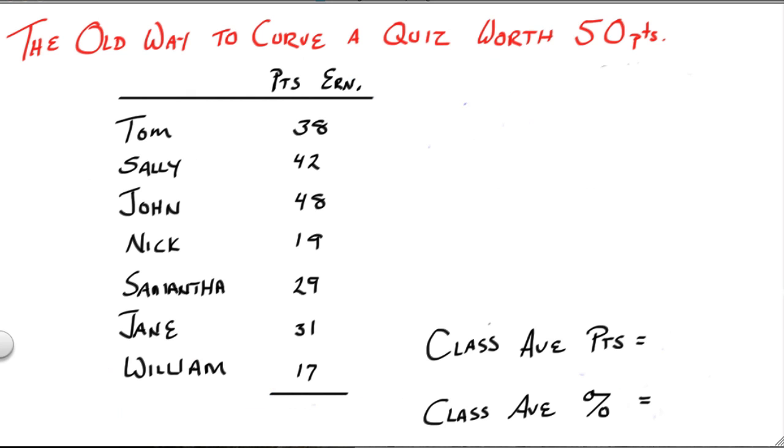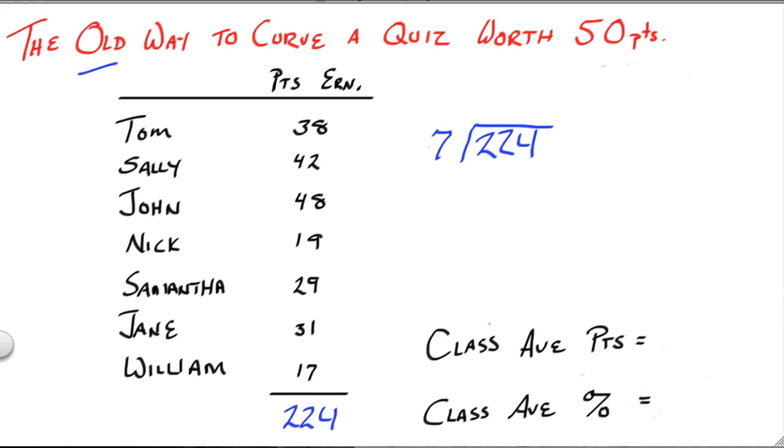Let's take a look at this here. We're looking at the old way to curve a quiz grade worth 50 points. As you can see, Tom, Sally, John, Nick, Samantha, Jane, William, these are the scores that they earned. If we add all these up as in the old way, we get 224 as our total points. Then we take 224 and divide by the total number of students, which is 7.